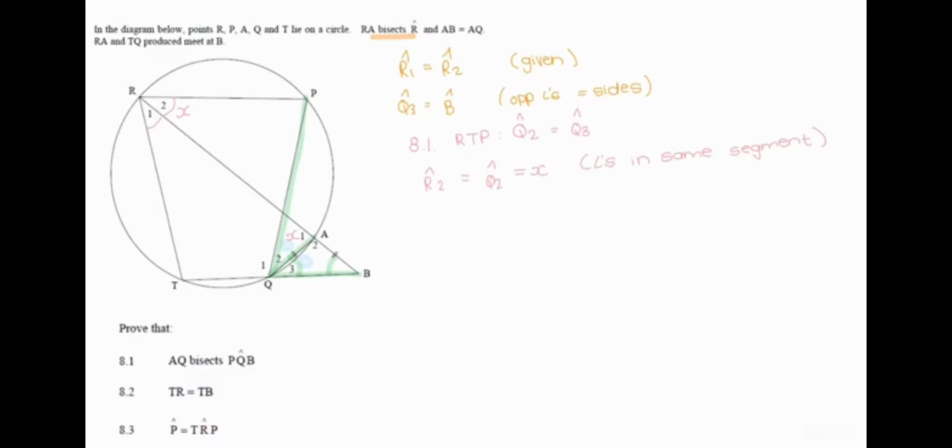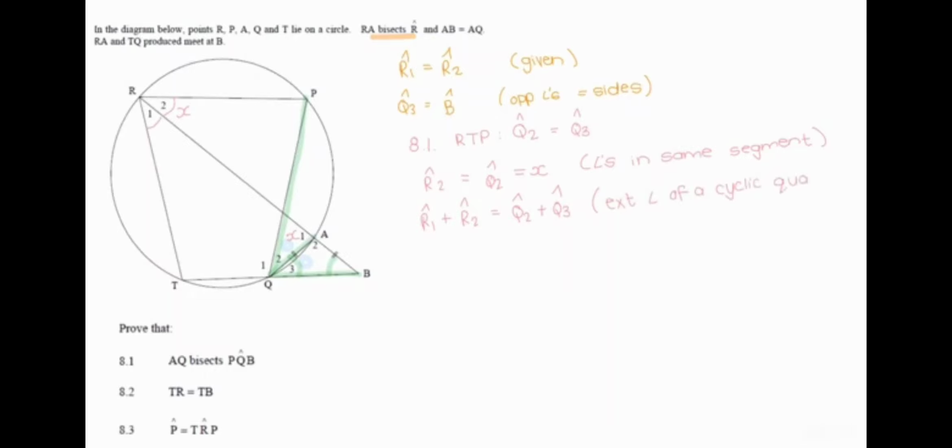So what do we know about the exterior angle of a cyclic quad? We know that the exterior angle of a cyclic quad, which in this case is here, has to be equal to the opposite interior angle of the cyclic quad. So we know that angle R1 plus angle R2 is equal to angle Q2 plus angle Q3 because of the exterior angle of a cyclic quad.